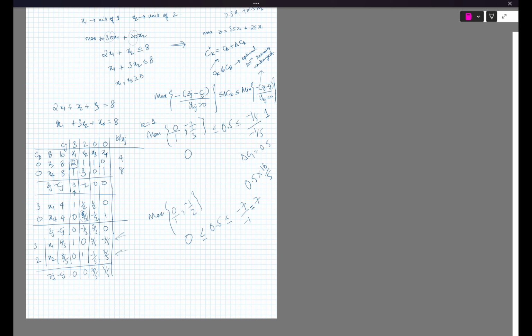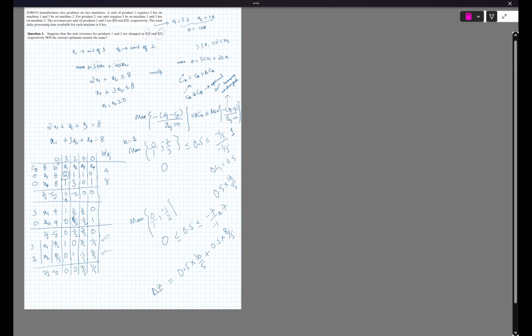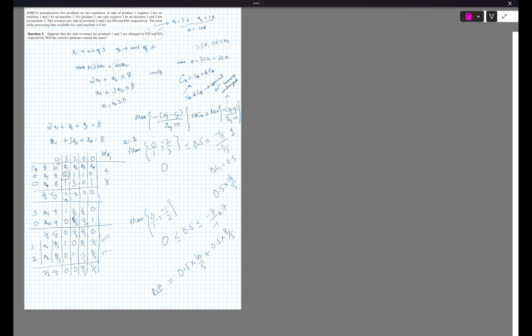So we can say the objective value will be increased by 0.5 into 16 by 5 plus 0.5 into 8 by 5, delta Z. The objective function will improve by this value and the optimal value will become Z plus this delta Z, right?